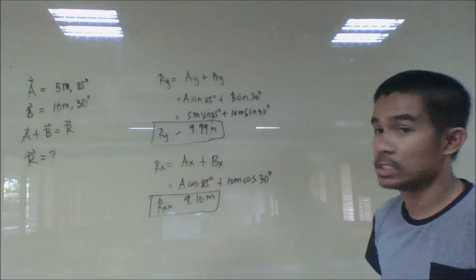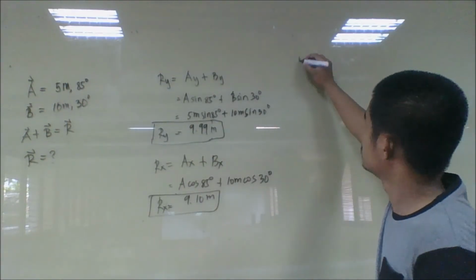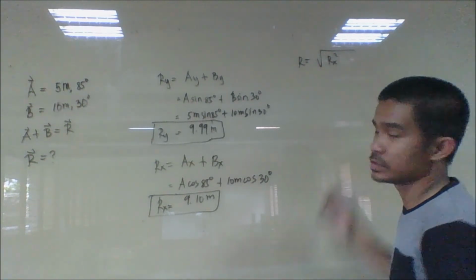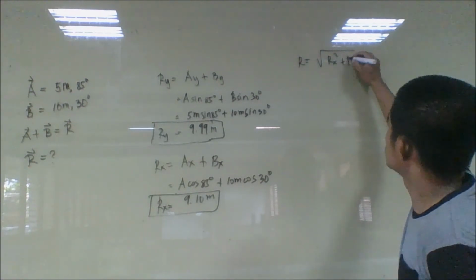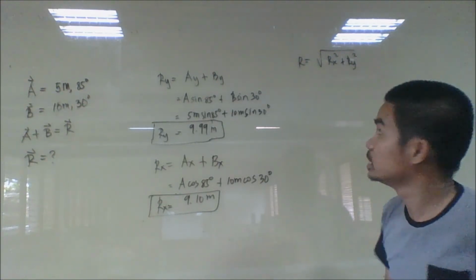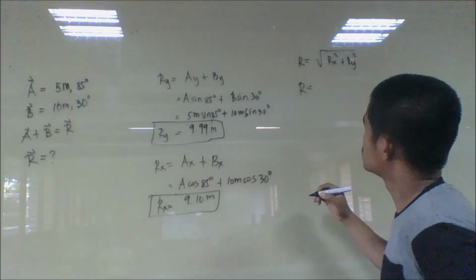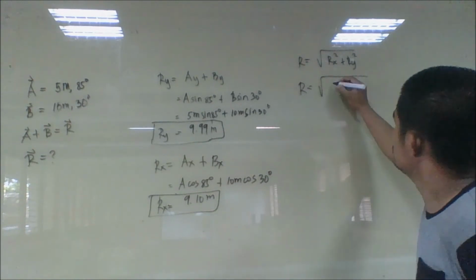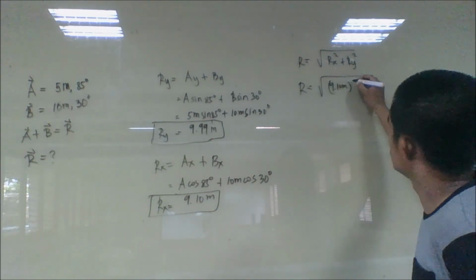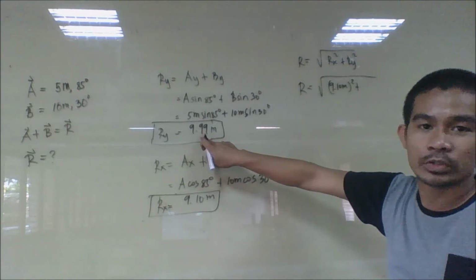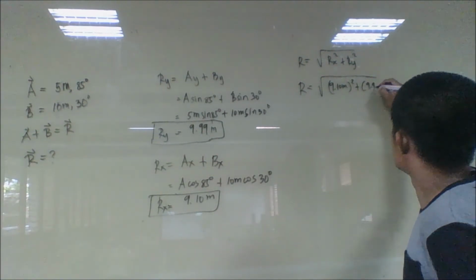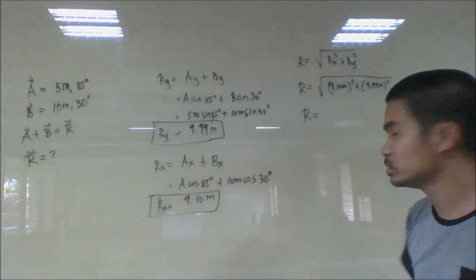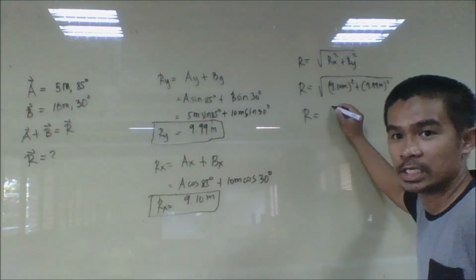You can use calculator to double check if this is correct. And now the magnitude of vector r, which is r, equals the square root of the square of the x component plus the square of the y component. So r equals the square root of 9.10 meters squared plus the y component, 9.99 meters squared.